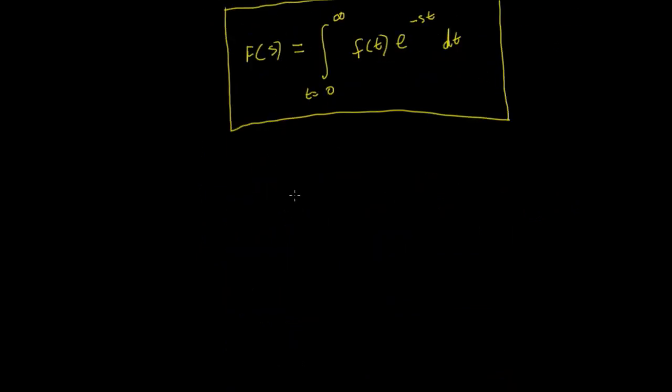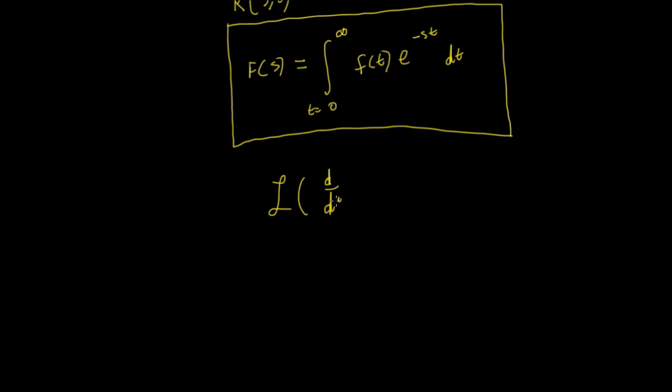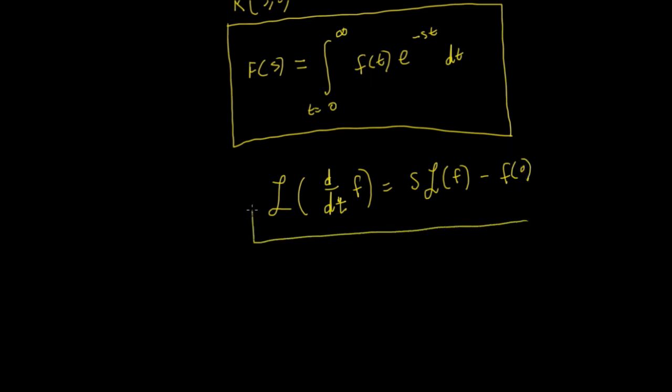So the final Laplace transform you're going to end up with, if I put in that for the Laplace transform of d by dt of function f, is going to equal s times the Laplace transform of the original function f minus f at 0. Okay, so that there will be our final Laplace transform of the differential.